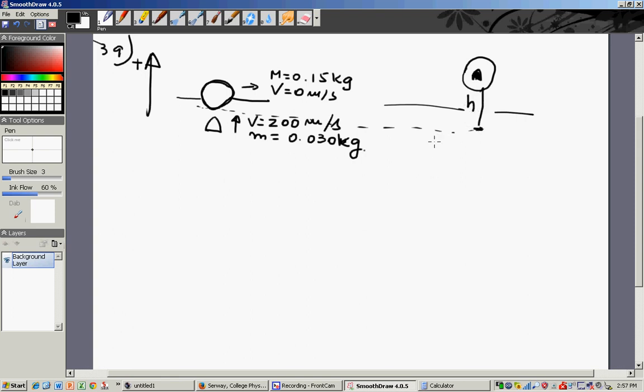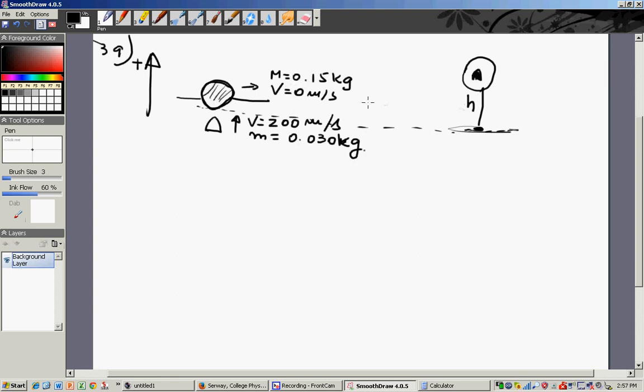You see that? So just to visualize the problem better, take this away so you can see it. So here's the base level of the problem when the bullet is embedded in this big ball.